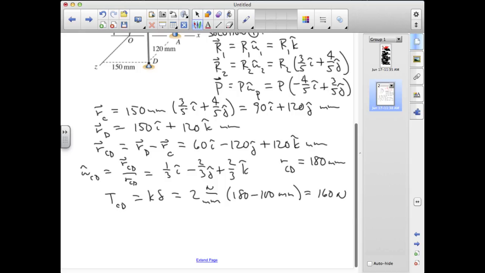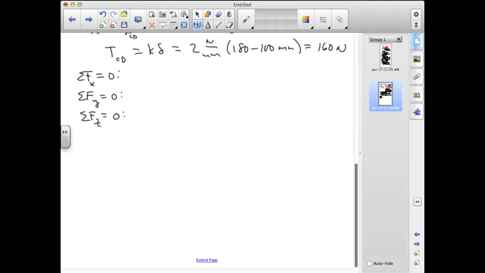So now at this point we have all the information we need to write 3 scalar component equations and solve for R1, R2, and force magnitude P, and then we can reconstruct a net reaction force as just the vector sum of R1 and R2.